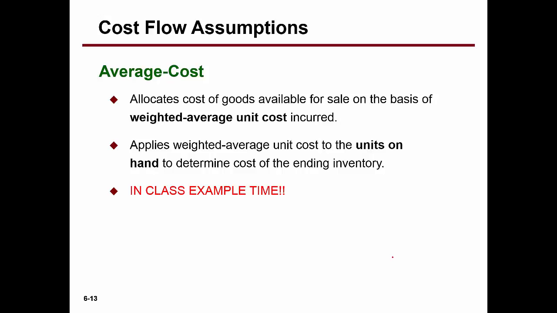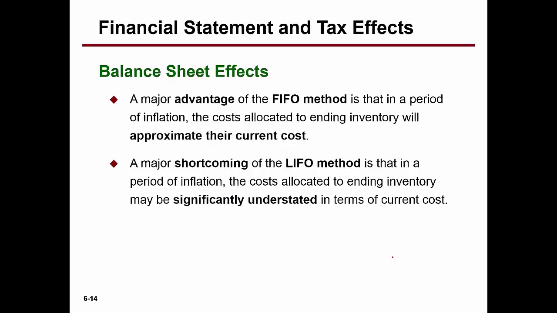It's certainly easier than LIFO, but it's still having to have a separate calculation as to what's going on, right? And remember, we're talking about one batch, two batch. Imagine if you've got a company that's got 50 million batches of things, right? That can start to get a little cumbersome.